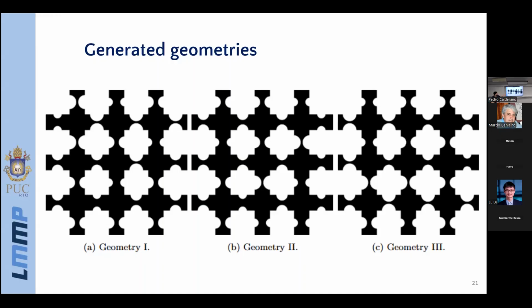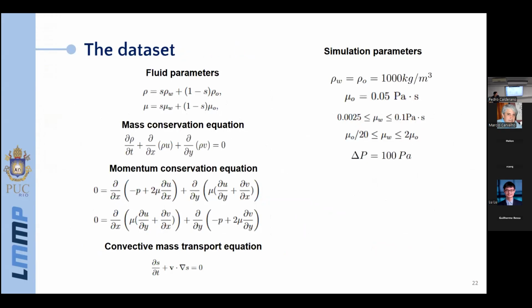And in here, the flow is defined in the same way as in the previous work, in which I have a geometry initially filled with oil and water would be injected at the inlet to extract the displaced oil at the outlet.